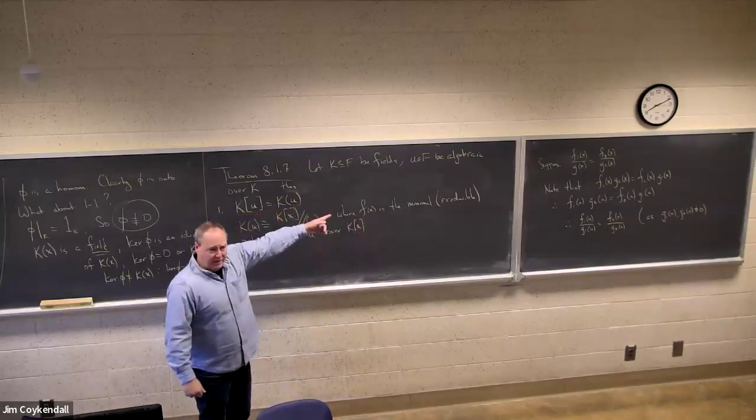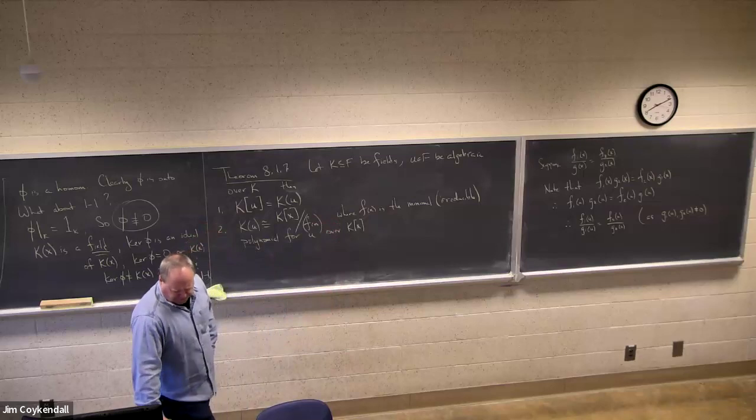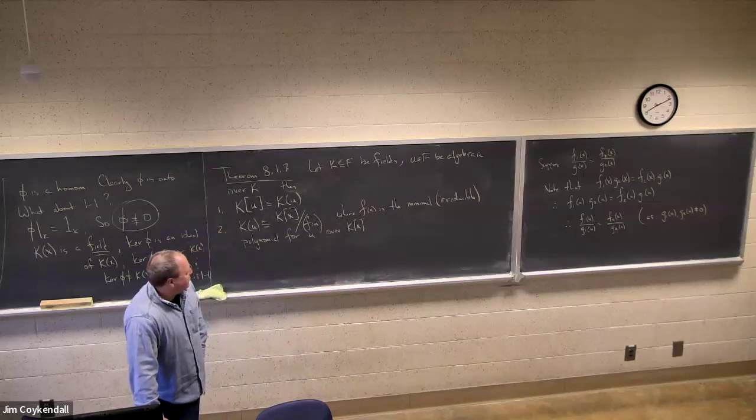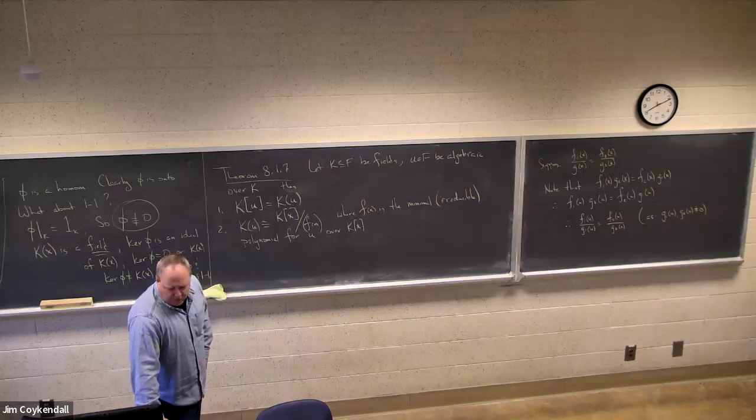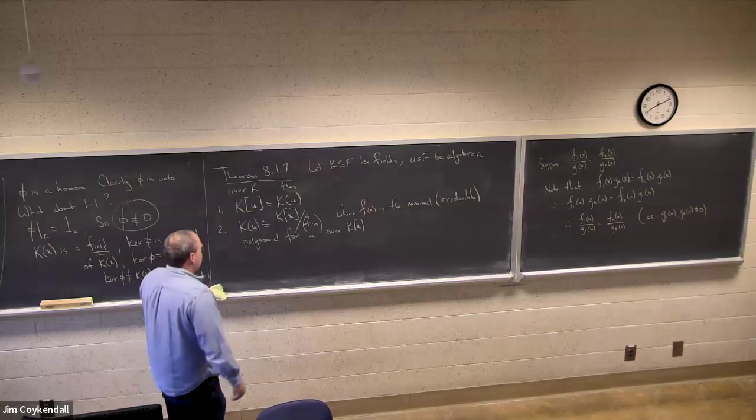So I did say that U in F was algebraic. That means that there's some polynomial f of x for which U is a root. Among all such, pick one of the smallest degree.